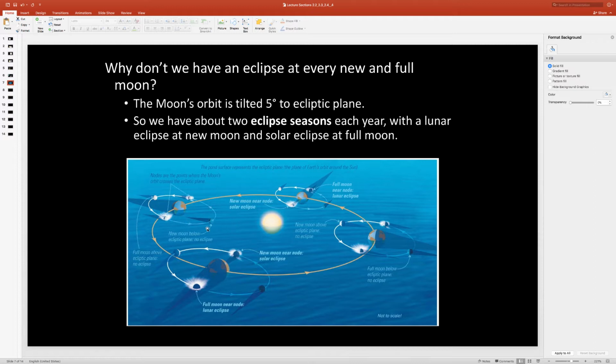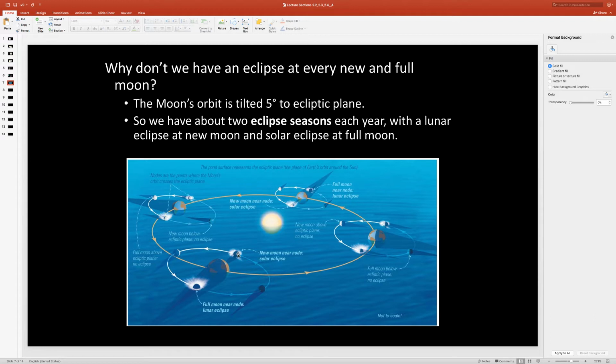And the moon kind of rises up and dips beneath, and rises up and dips beneath. Okay, so basically, the only time you get eclipses is when the moon is right at the surface, not below, not above.